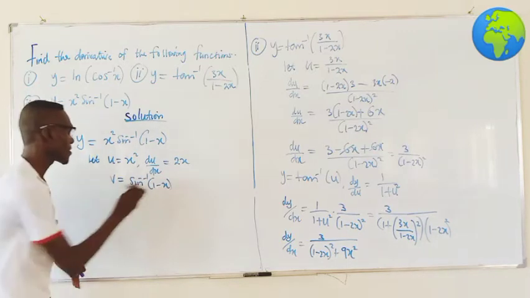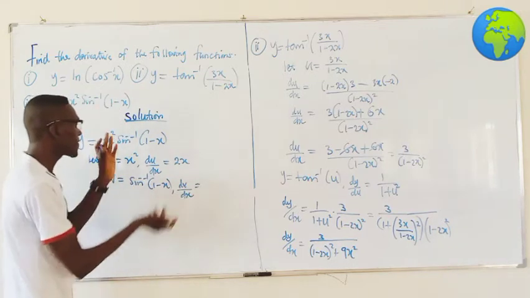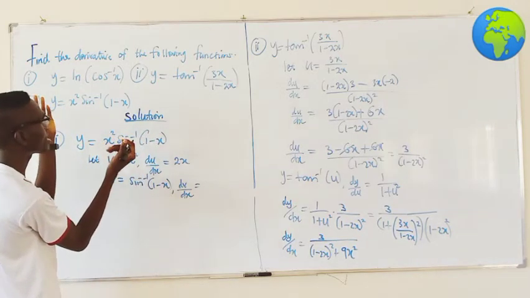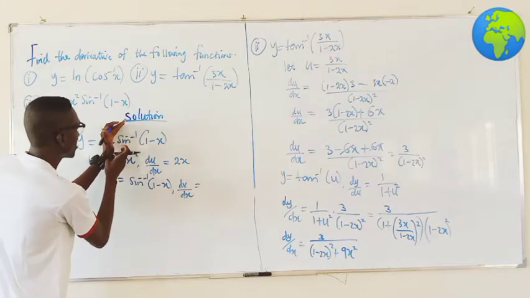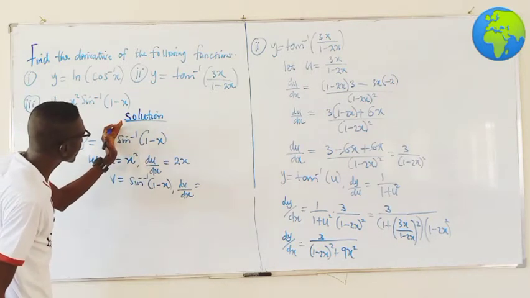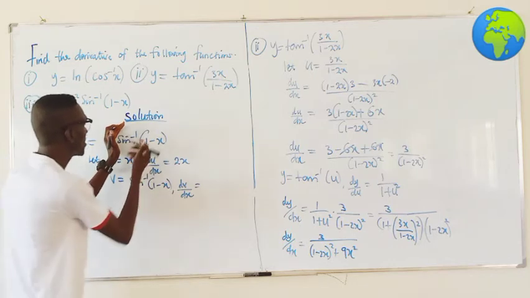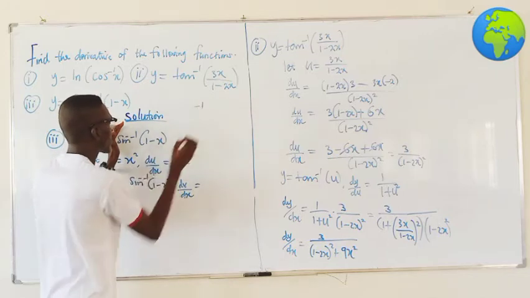The problem about this now to get our dv dx is that we have to use the same idea we used before, just like how we differentiated. It's not here, but I think we have it in our former videos. If you are told to just differentiate sine inverse of 1 minus x, the style is just to differentiate the inside. What's the derivative of the inside? That's minus 1.